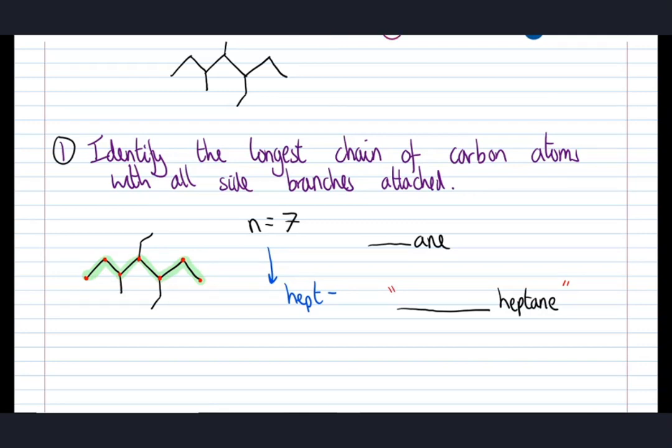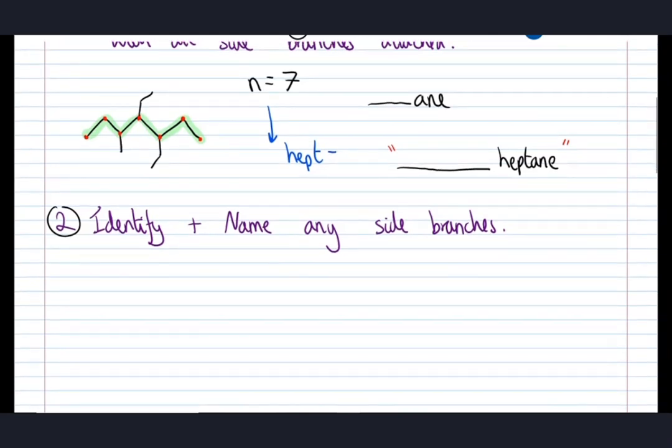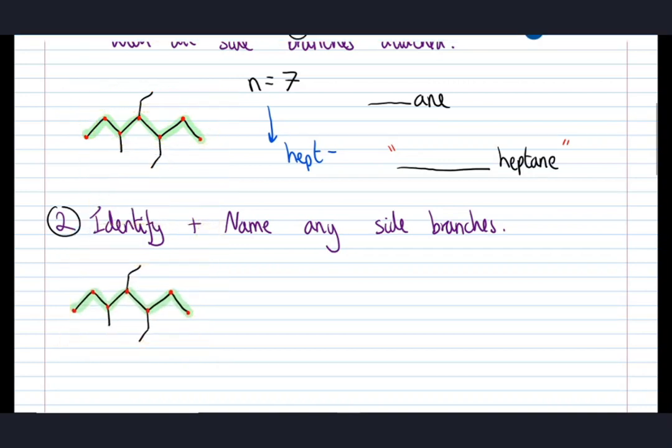Now, step 2. We need to identify and name any side branches. So, having a look at our molecule, again, I'm going to highlight in yellow any side branches. Well, I've got one here, I've got another one here, and one more here.